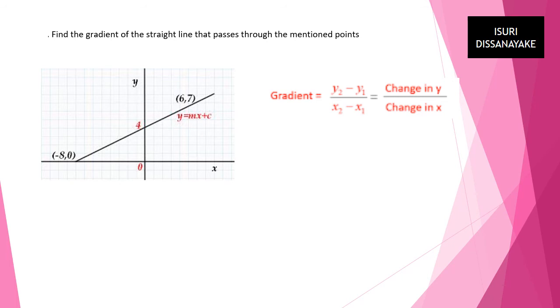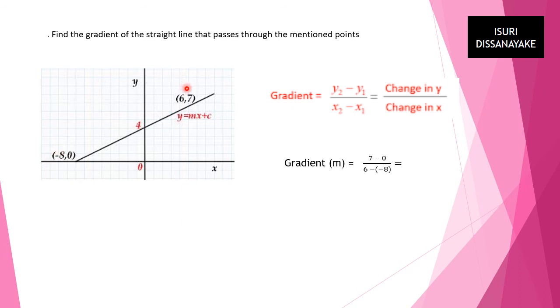The first coordinate is (-8, 0) and the other coordinate is (6, 7). Firstly we look at the y coordinates, that is 7 minus 0. This is one y coordinate and this is the other one. So I will start with 7, 7 minus 0, and divide it by the difference between the two x coordinates, that is 6 minus (-8).